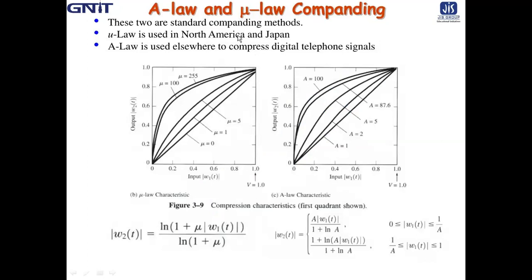Ideally, we need a linear compressor characteristic for small amplitudes of the input signal and logarithmic characteristics elsewhere. In practice, this is achieved by using the following two methods.